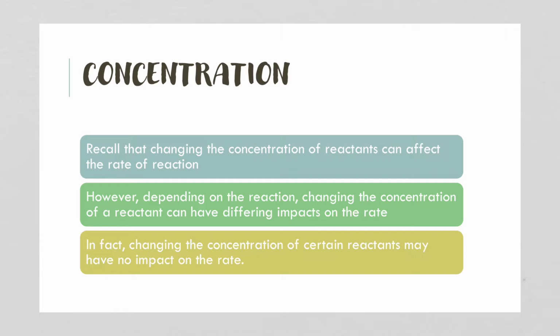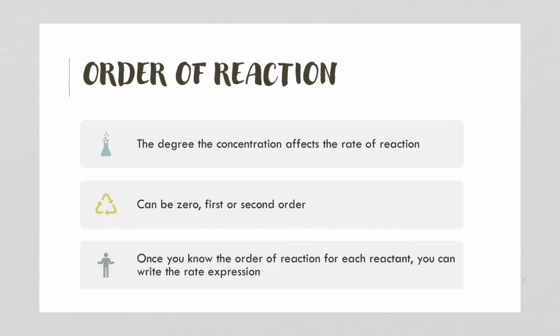So changing the concentration may have no impact, or it could cause a proportional change in the rate by proportionally changing the concentration, or it could have a doubling effect. There are lots of different varieties here for how concentration can impact the rate of reaction.